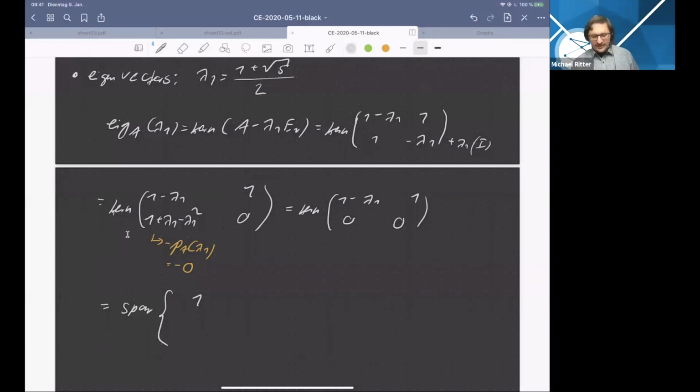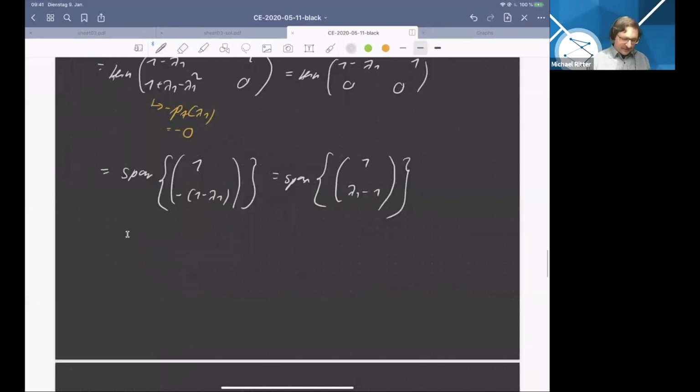So let's say we just set this to 1 arbitrarily. Then we have 1 times 1 minus lambda 1, and the end result needs to be 0. So what is the factor that we need here? Well, obviously we just need the negative of that. So minus 1 minus lambda 1. Or if we want to eliminate that minus sign here, we can also say this is 1 and lambda 1 minus 1.